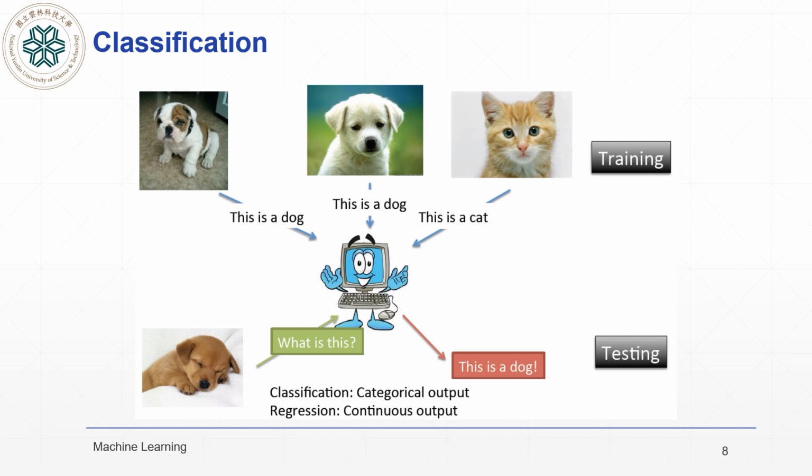In terms of classification, we call it categorical output. In terms of regression, we call it continuous output. And then in the testing phase, the model will give you the exact or accurate result. For example, this is a dog.